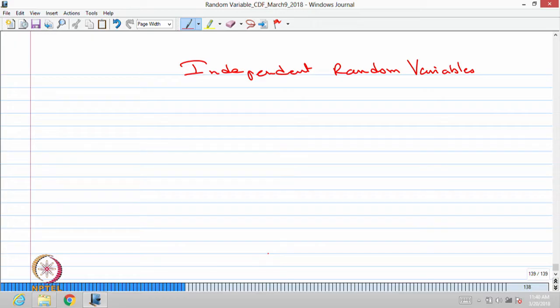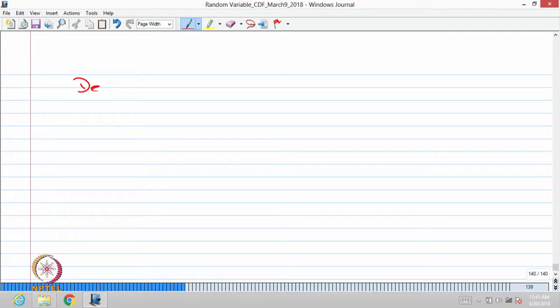At the end, I will give one or two examples for conceptual understanding. The definition. Let me start with the two-dimensional random variable, then the same concept can be extended to the n-dimensional random variable. That way it is easy to explain the concept.